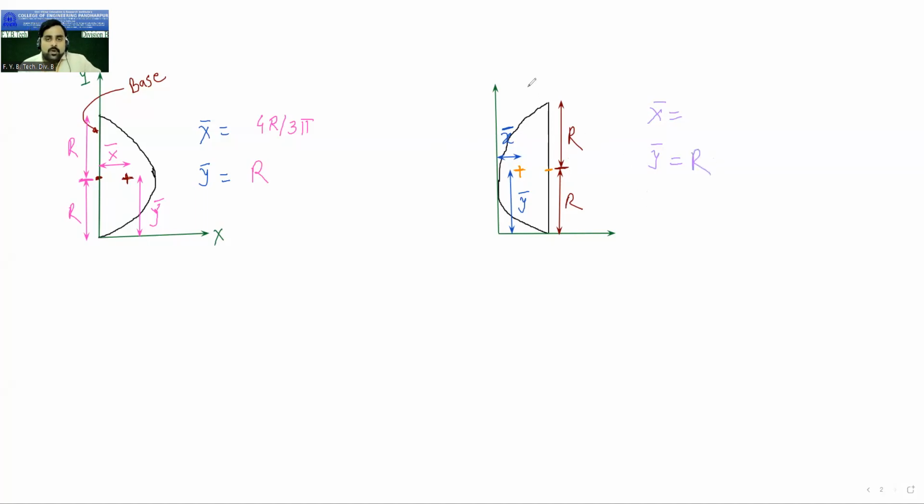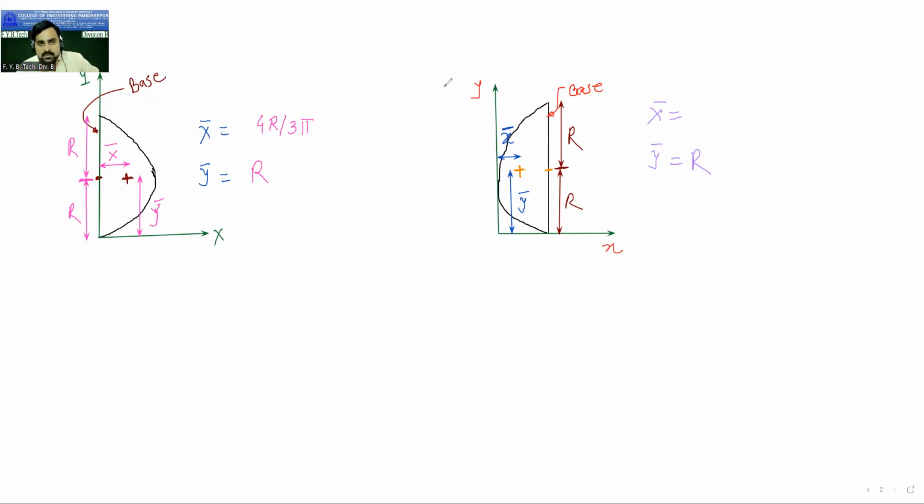Now to calculate x bar, we have studied that this is x bar. This is my y-axis, this is the x-axis, so this is x bar. But we know that this dimension is what we call the base. The centroid of the semicircle from the base is at a distance of 4r by 3 pi.